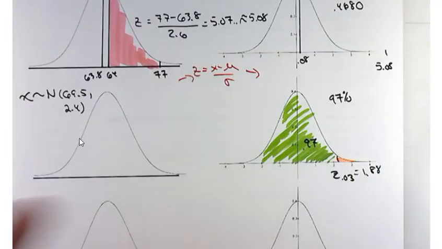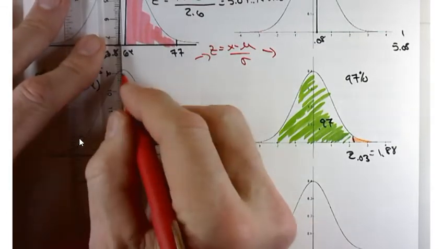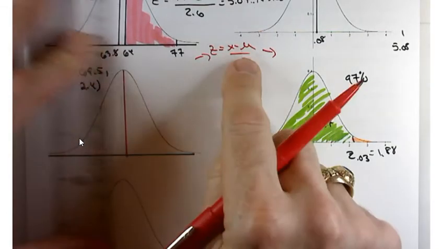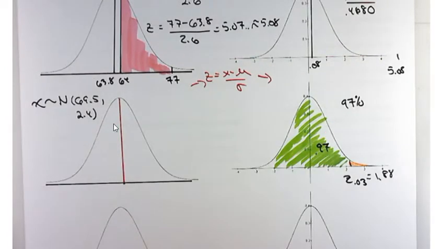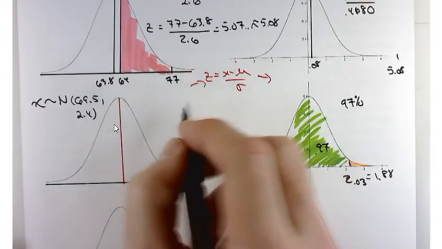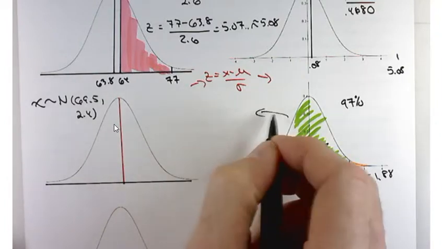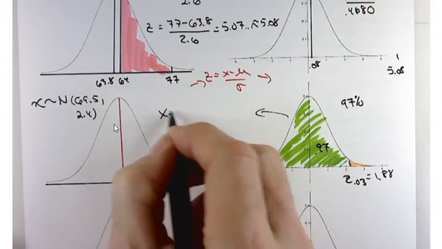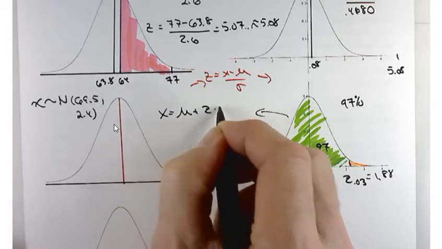If you want to go the other way, if you want to figure out what this value of x is, then I'm going to solve this equation for x. You don't have to solve it. I'm not going to show you the math behind it. It's pretty simple. If you multiply both sides by sigma and add mu, what you're going to get is a way to go from here to here. And it's x equals mu plus z times sigma.